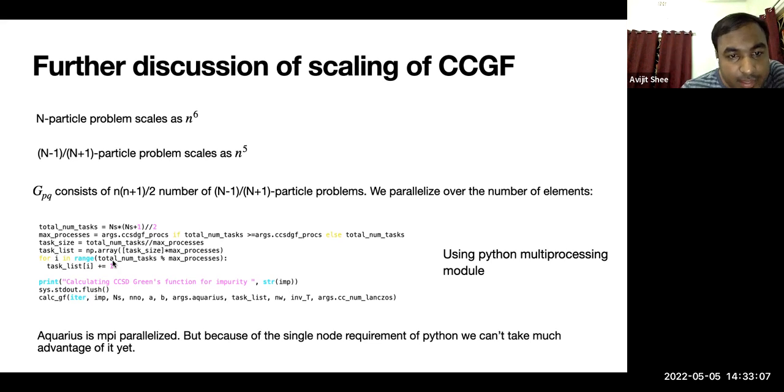We parallelize over the number of elements, and we take these max processes as input. This just depends on the number of cores available on a particular node, so more cores on a node is better.